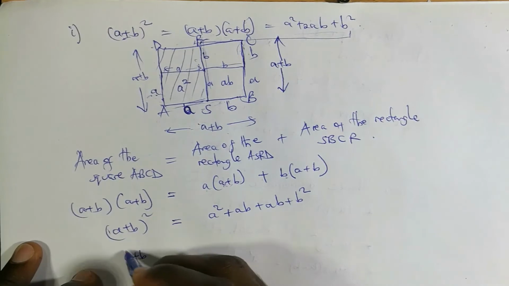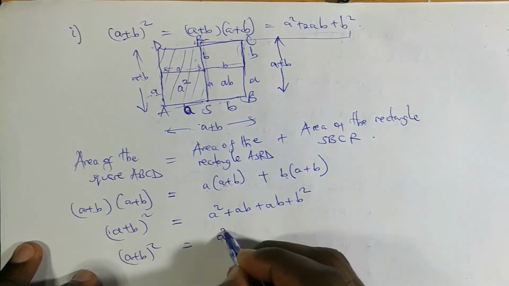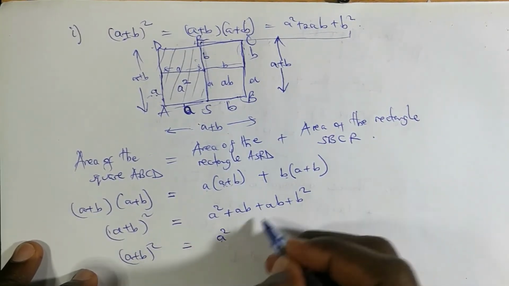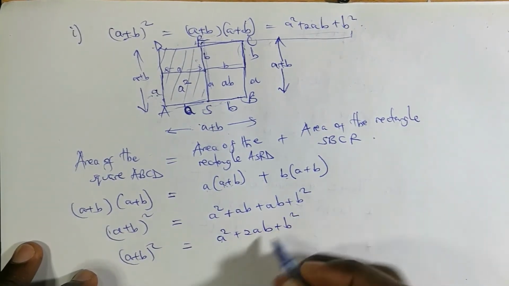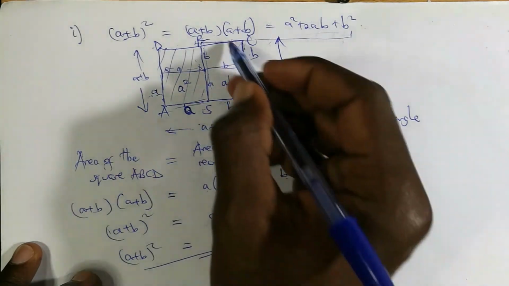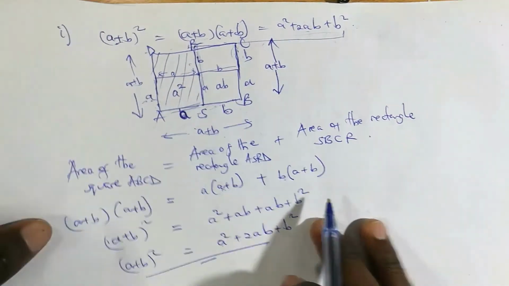So a plus b squared will now give us a squared, plus ab plus ab, which is now 2ab, then plus b squared. That gives us that. Oh, that was lengthy.